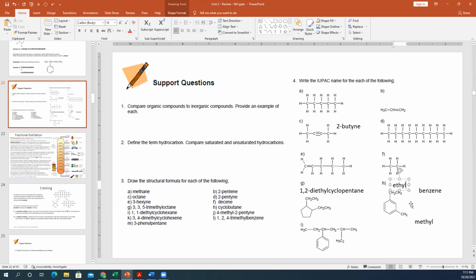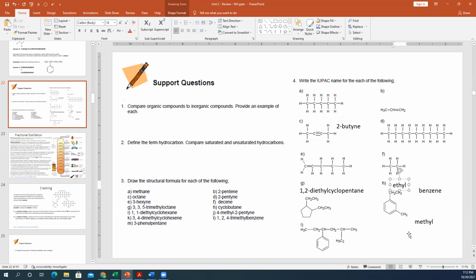So it's an ethyl here, it's a methyl down here, and they're attached to a benzene ring. Okay, so now we need to be told which carbon are they on? So let's number them. Which one is the bigger one? Is ethyl bigger or is methyl bigger?